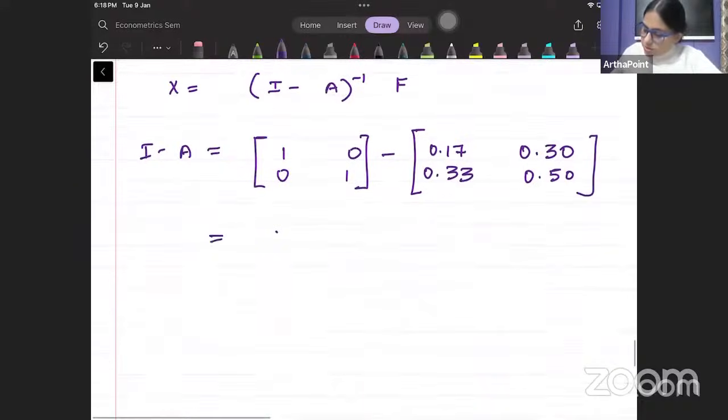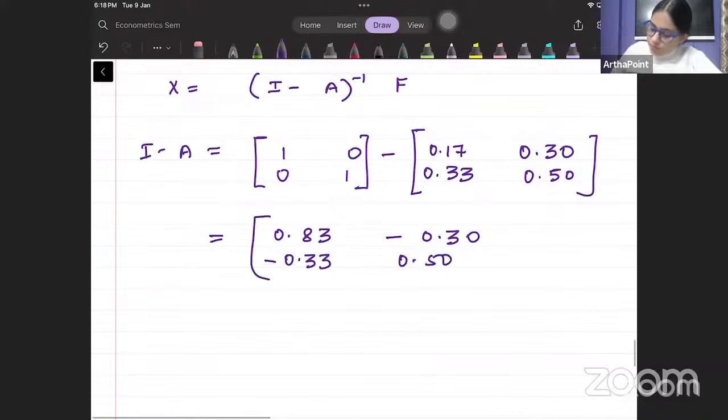So this will be 0.83, minus 0.30, minus 0.33, 0.50.